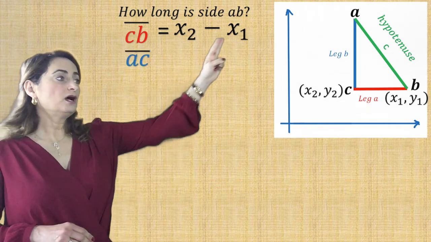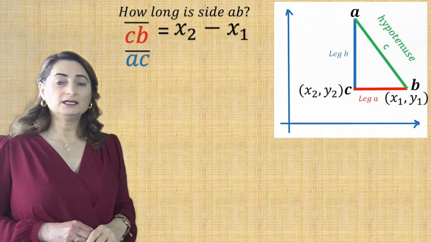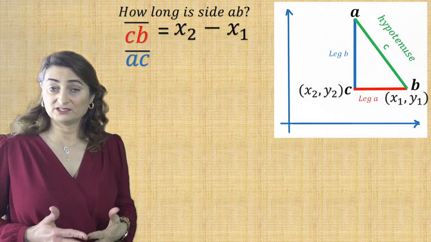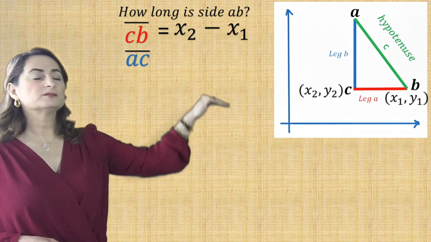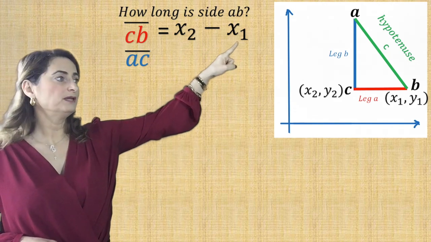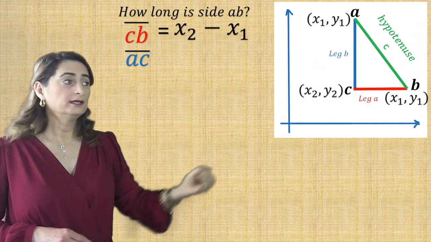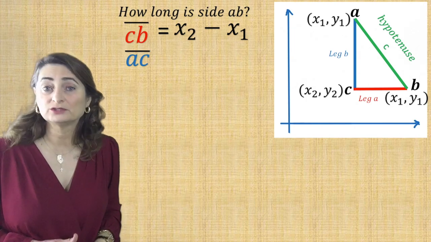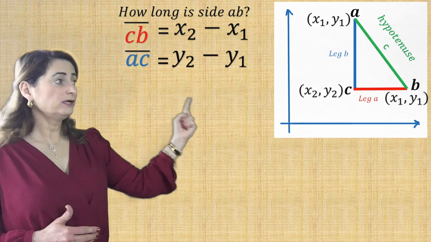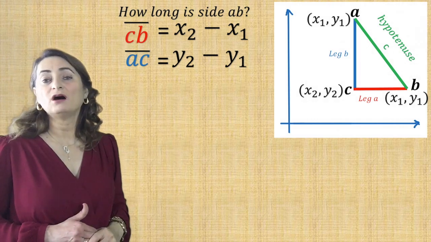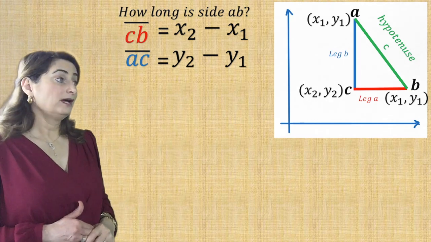Now I need to know how long is side AC, which is the other leg of this right triangle. Since it's the vertical line, it's the difference between the y's. So this time let's name A x1, y1, and keep C as x2, y2. Find the difference in the y's. y2 minus y1 will give you the length of that side or that leg.